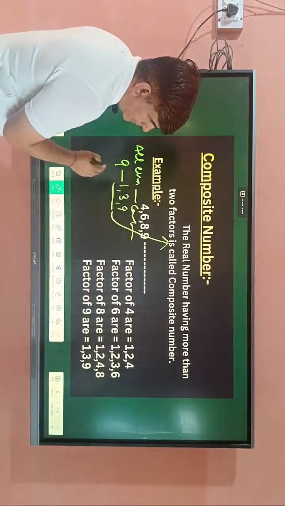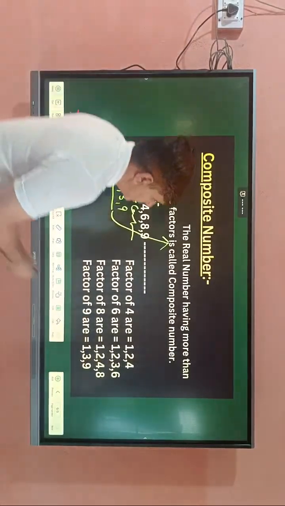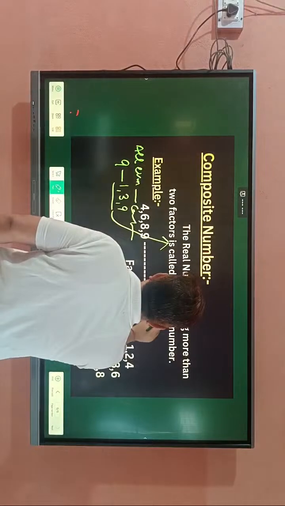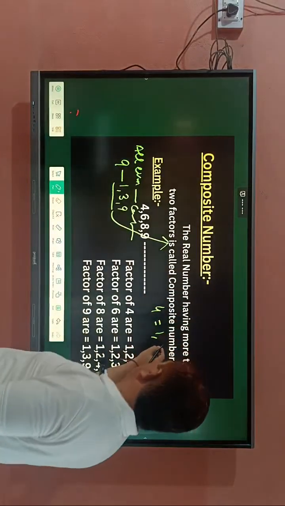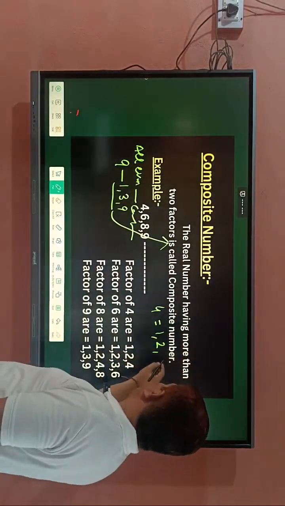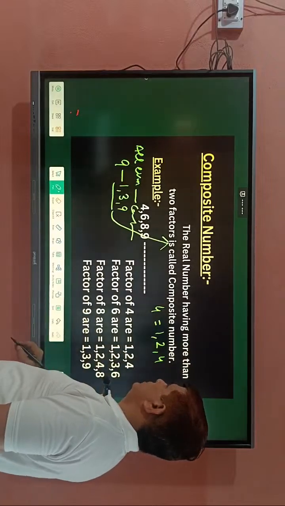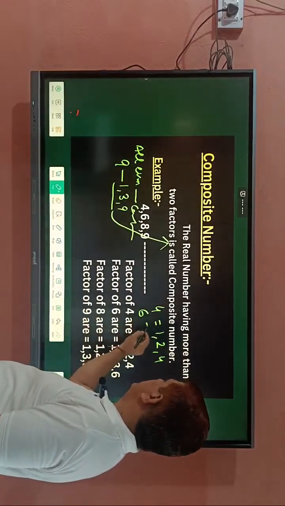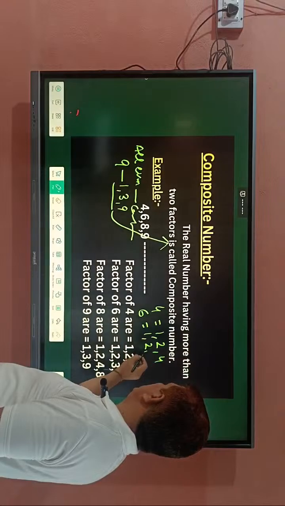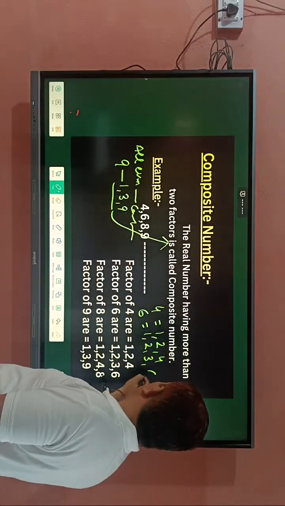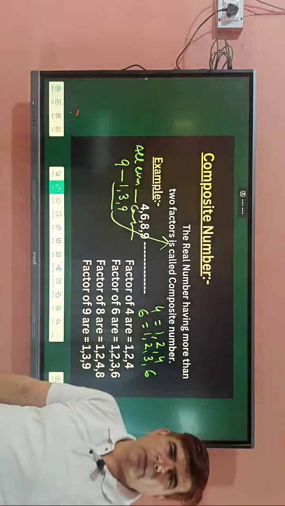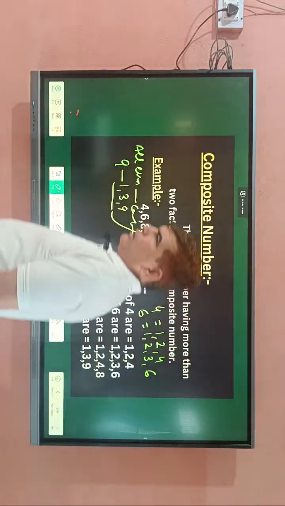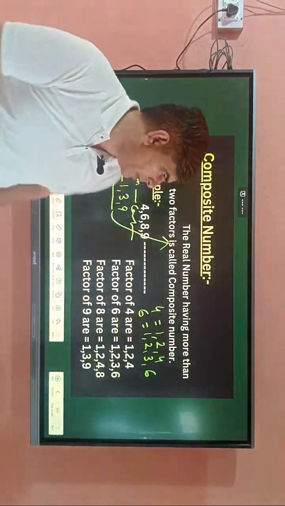Now, like this, we have taken 4. What are the factors of 4? Divisible by 1, 2, 4. 6: divisible by 1, 2, 3, 6. Divisible means after a finite number of steps the remainder comes 0.